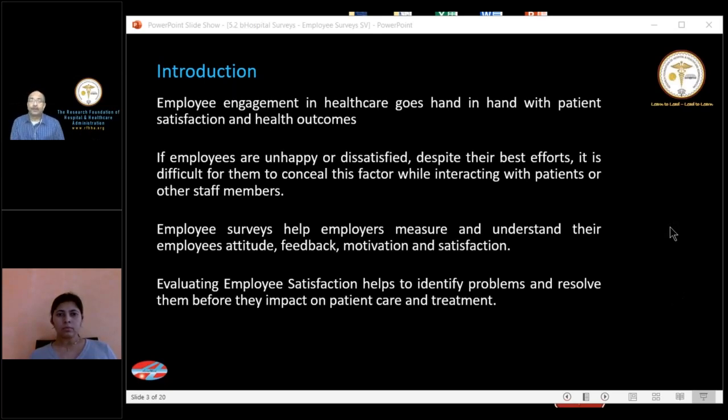Now, when we say employees, in the truest terms we are talking only about salaried people, the people on our payrolls. However, the context in this presentation is wider. When we say employee satisfaction or employee survey, we are looking at everybody who is working in the hospital.